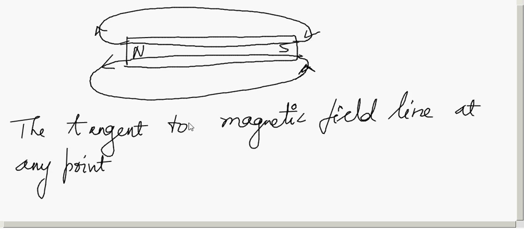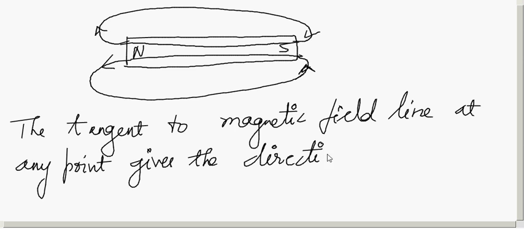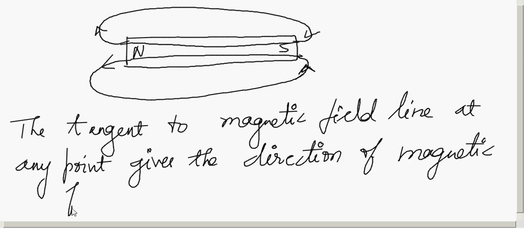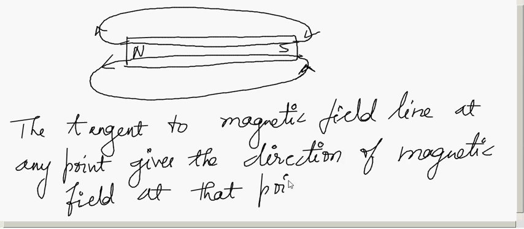Now if you want to find out the direction of magnetic field at any point, just draw a tangent to the magnetic field line.